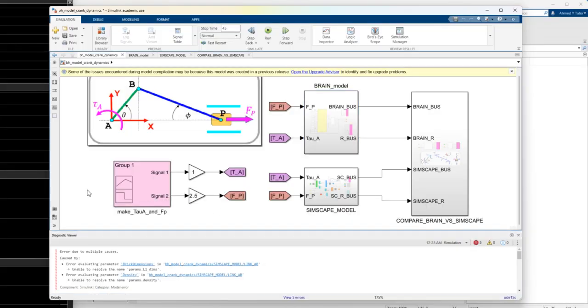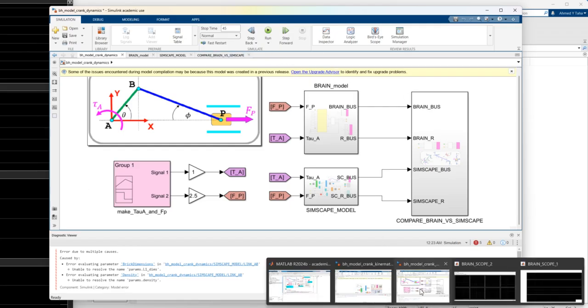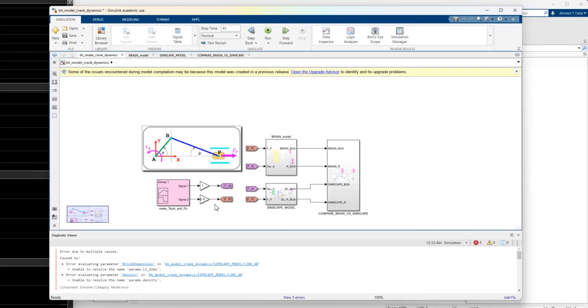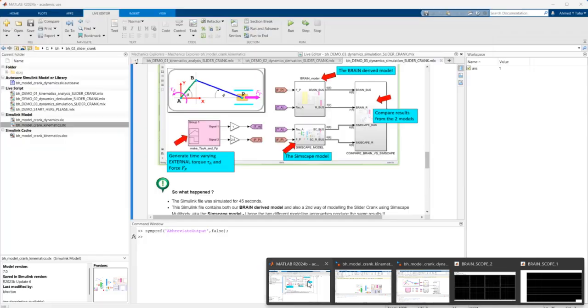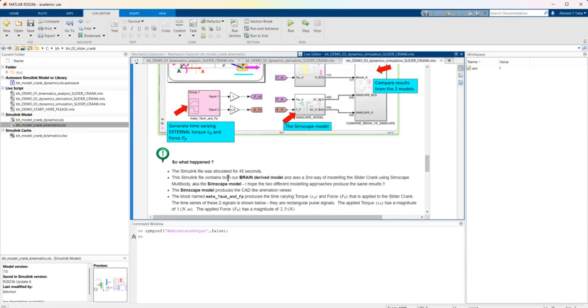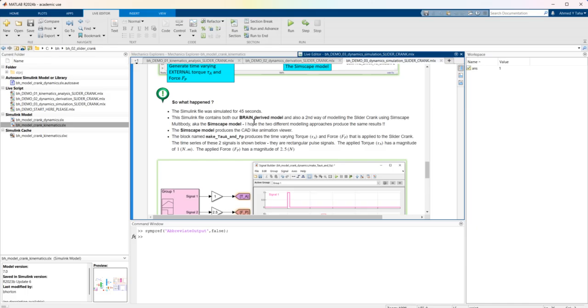Anyway, let's go back to the original model for the MATLAB. Okay, so sorry, where's our MATLAB? It's here. Okay, so click that, so we have the Simulink file containing both our brain drive model and also the second way of modeling the slider crank using the Simscape Multibody, what we call the Simscape model. The block name makes produce the time varying torque and the force for that.